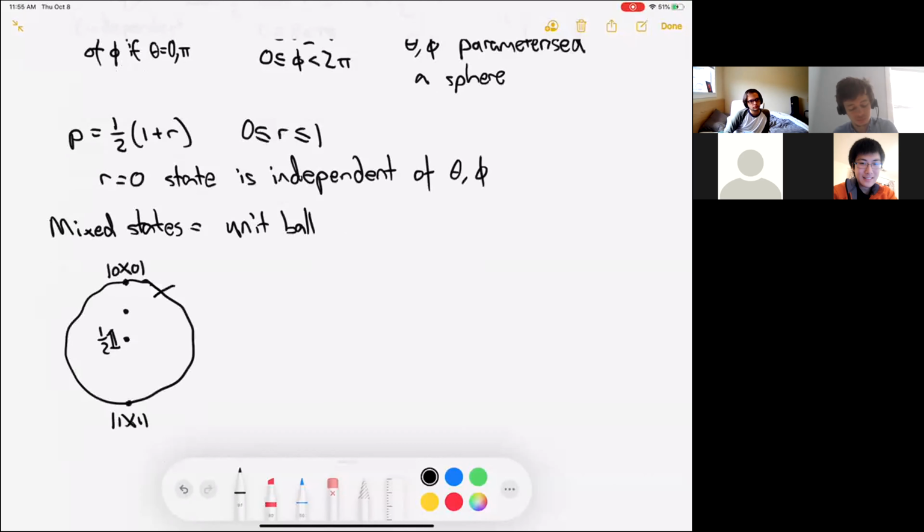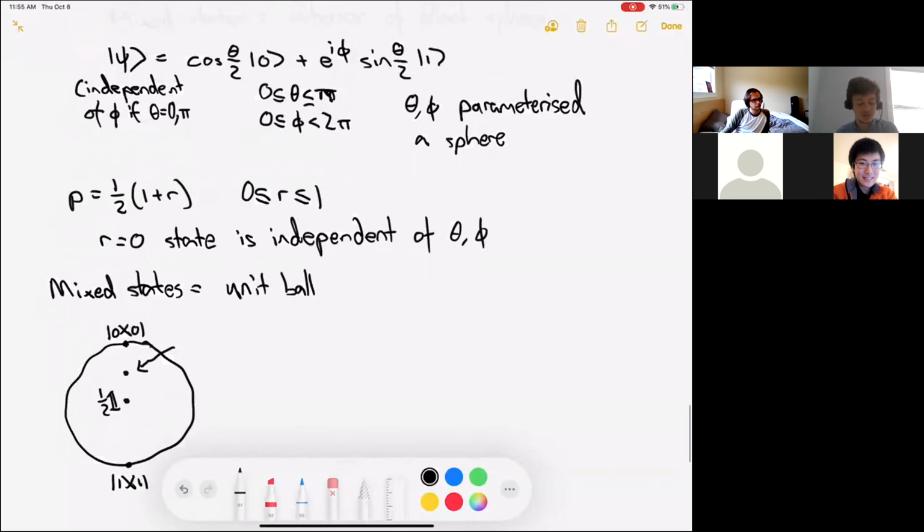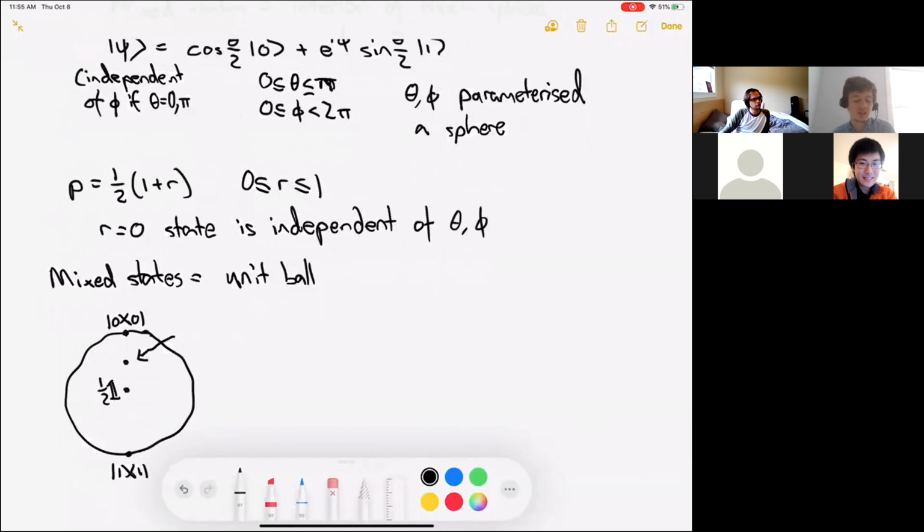Well, that's just R equals a half and psi equals 0. So if R equals a half, P is a half times 1.5, which is 3/4. So this is the state with 3/4 probability of being 0, and a quarter of being 1.